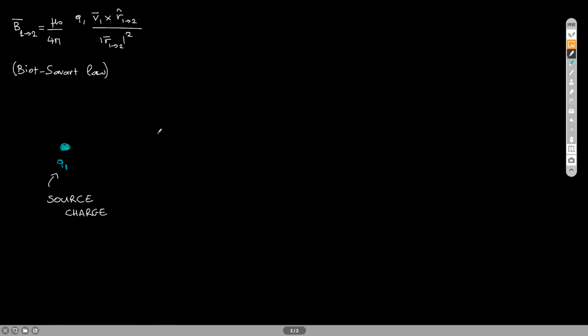Now, with the Biot-Savart law, I can find the magnetic field at the observation location. So let's say this is the observation location. And these ideas are similar to what we did for the electric field.